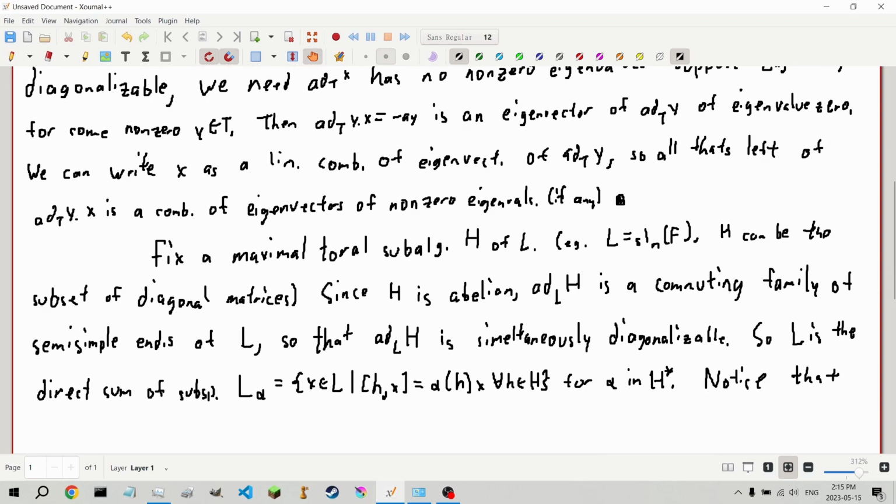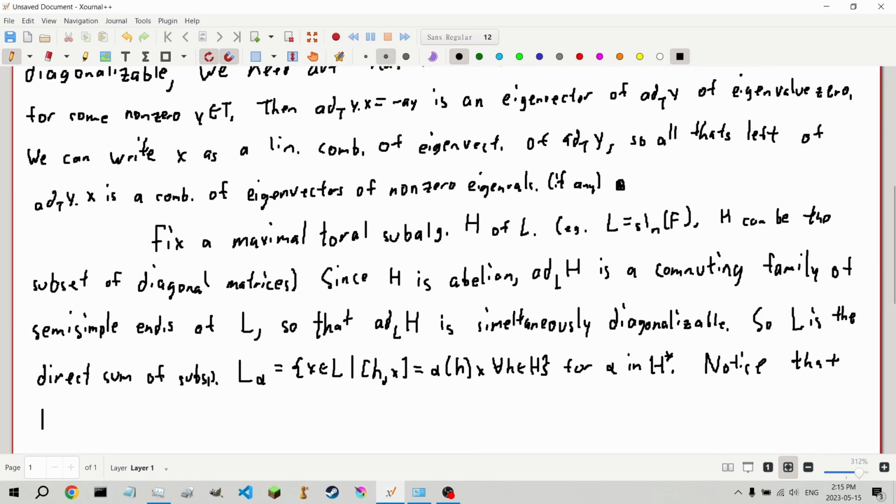Notice that L_0, the set of x in L whose bracket with all of H is 0, is just going to be the centralizer of H in L, which includes H from the above. And where we're going here should be pretty obvious.